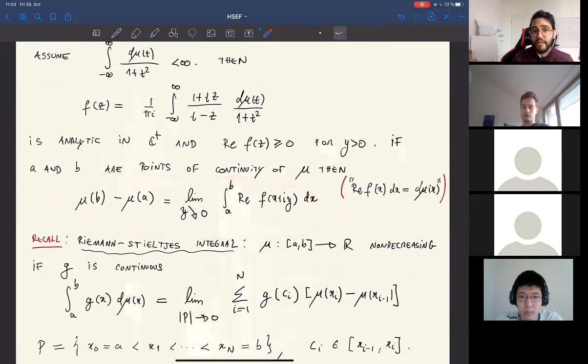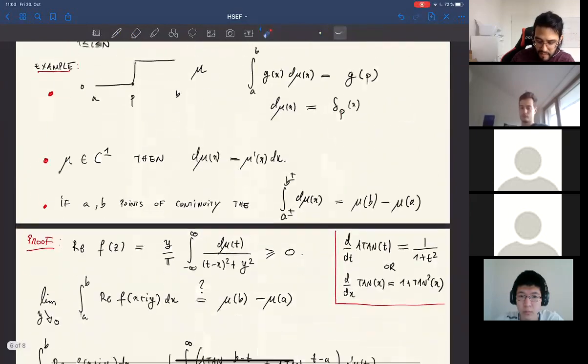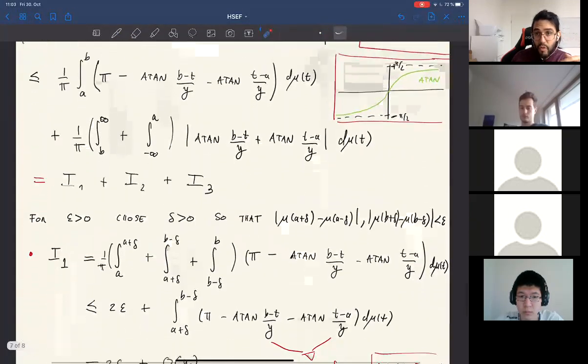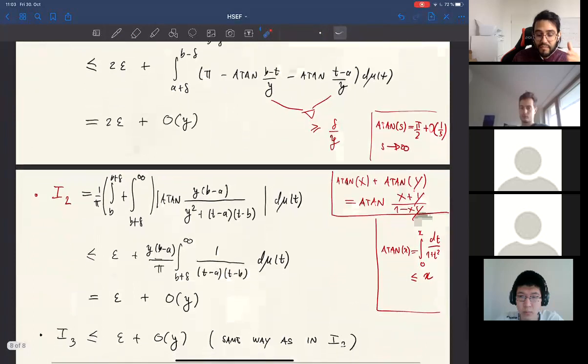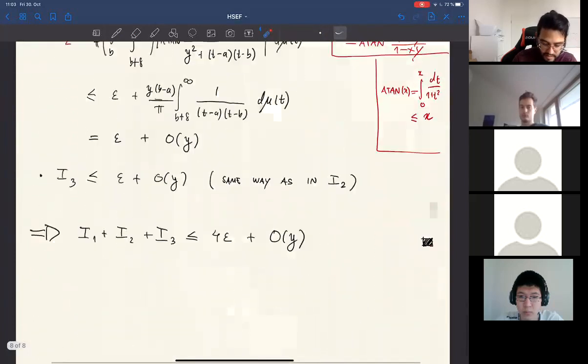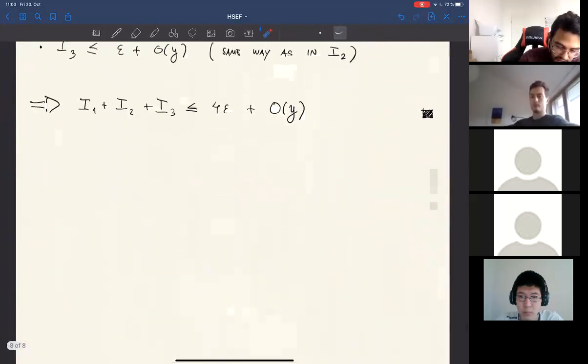So then you can ask the converse question. Suppose I start with a function which is analytic and has non-negative real part in the upper half plane. Will that function be given by some construction like this? And the answer is yes. That's theorem 4.